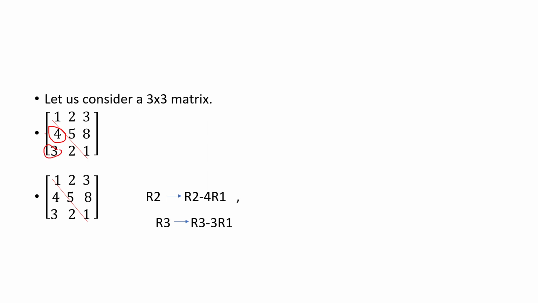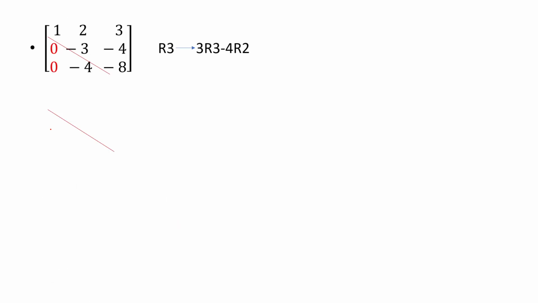For making 4 and 3 zero, we use the diagonal element 1. It becomes in this form. We are successful in converting them as zeros.